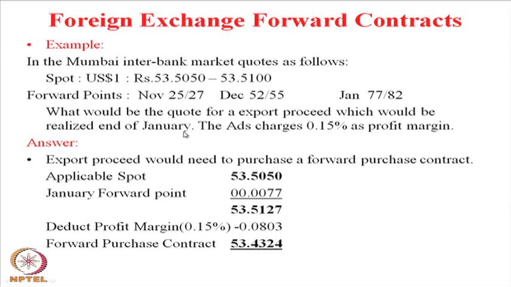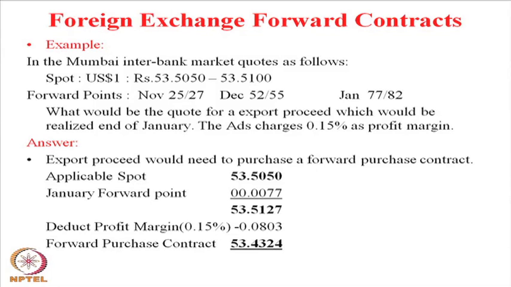The exporter supposed to get foreign currency end of January and he wanted a forward contract, forward purchase contract, because exporter needs to purchase a forward contract. So, exporter needs a forward purchase contract, and what is the rate?